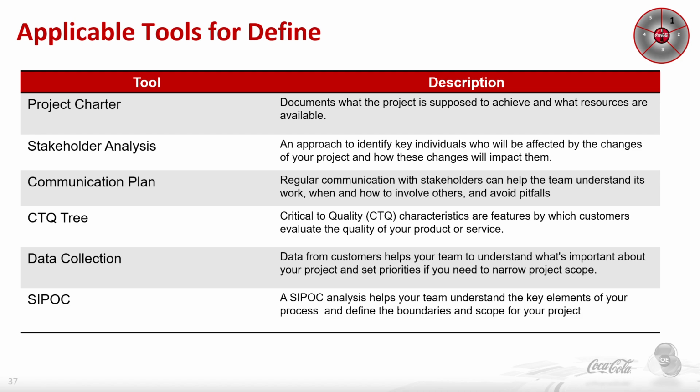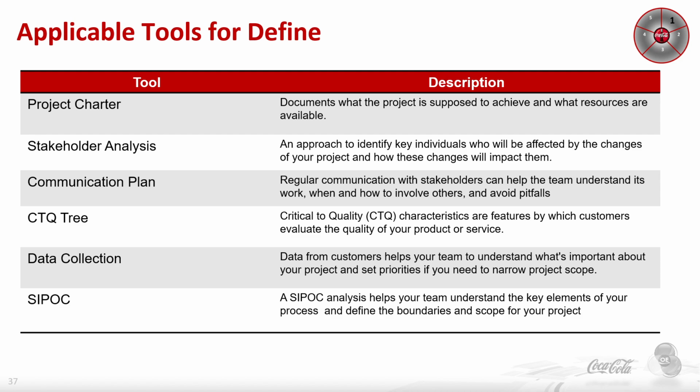Then we have data collection. Data collection is the process in which data from customers helps your team to understand what's important about your project and how priorities are set if you need to narrow project scope.